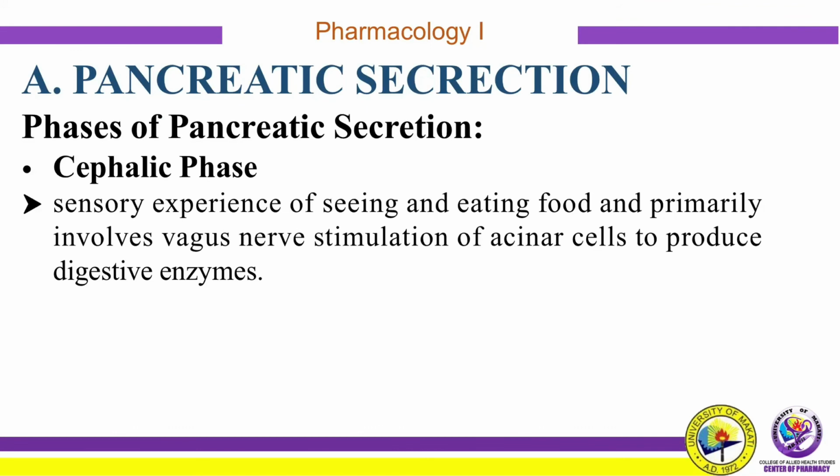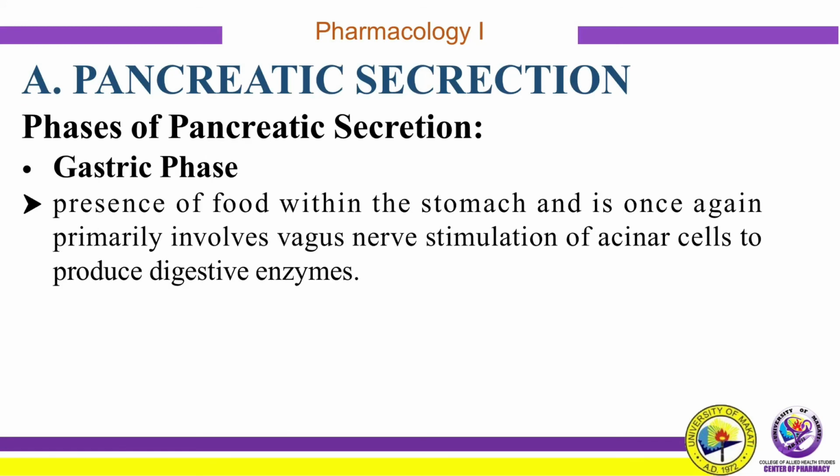Phases of pancreatic secretion. First is the cephalic phase. This phase is initiated by the sensory experience of seeing and eating food and primarily involves vagus nerve stimulation of acinar cells to produce digestive enzymes. Next is the gastric phase. This phase is initiated by the presence of food within the stomach and once again primarily involves vagus nerve stimulation of acinar cells to produce digestive enzymes.